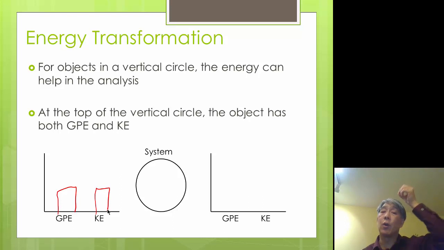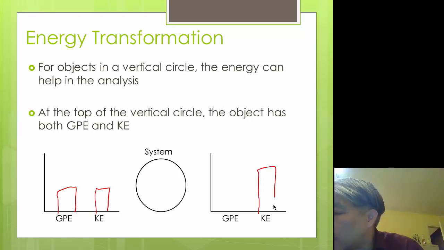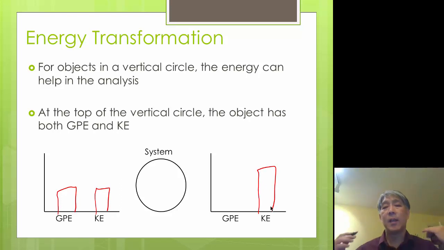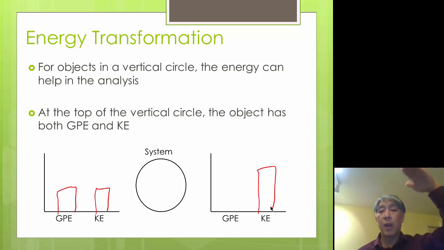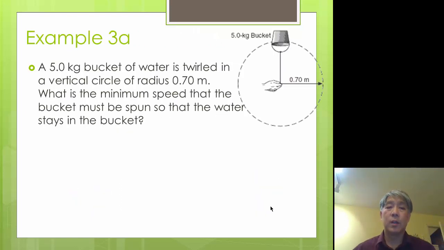If it's not moving, it's going to fall straight downwards. It's moving horizontally, yes, but it's still moving. And at the end, all I'm going to have is the kinetic energy. So I can calculate the speed at the bottom or at the top as long as I know the height that's involved and the speed at the other location. Okay, so here's an example.